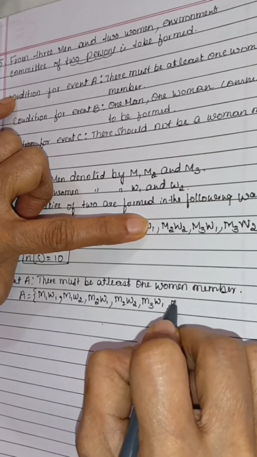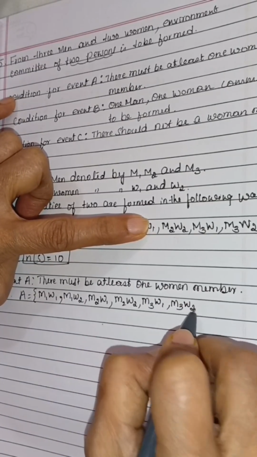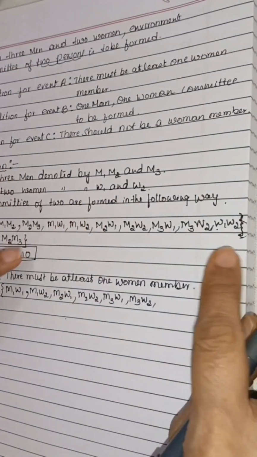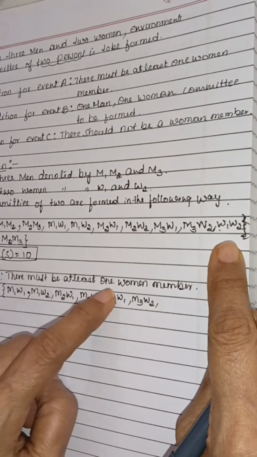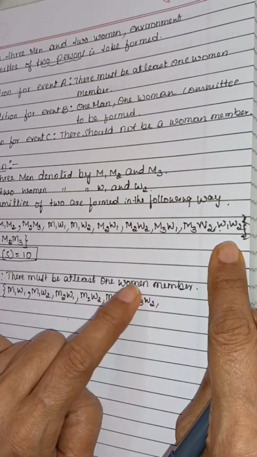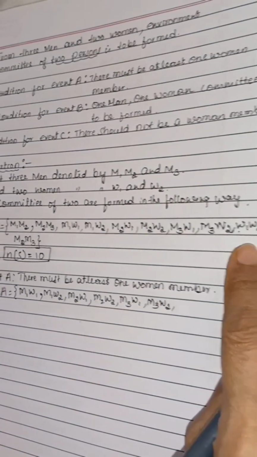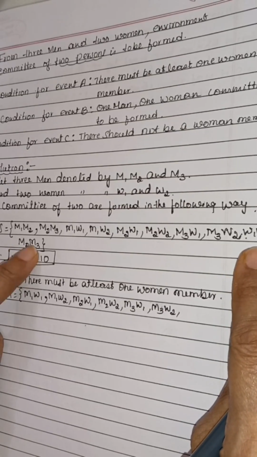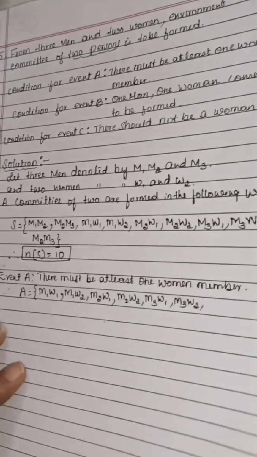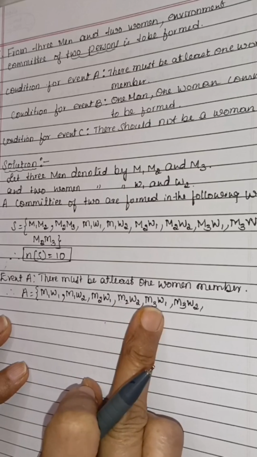M3, W2. Then here W1, W2, at least one woman. Here M2, M3 cannot be written; this is both men. So totally how many? 1, 2, 3, 4, 5, 6.